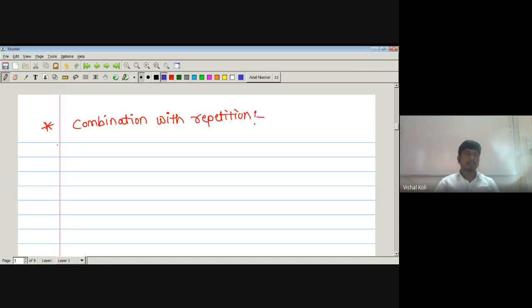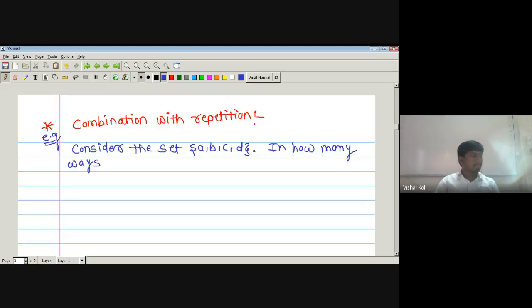An example of this type will be: consider the set A, B, C, D, that is a set which contains 4 elements A, B, C and D. In how many ways can we select two of these letters when repetition is allowed?